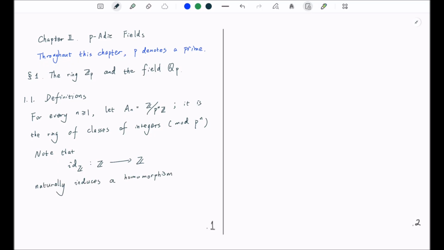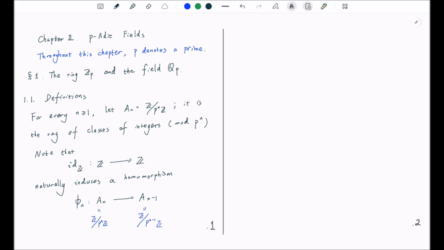And we denote this map by phi sub n. This is from A_n to A_{n-1}, where A_n is Z mod p^n Z and A_{n-1} is Z mod p^{n-1} Z.